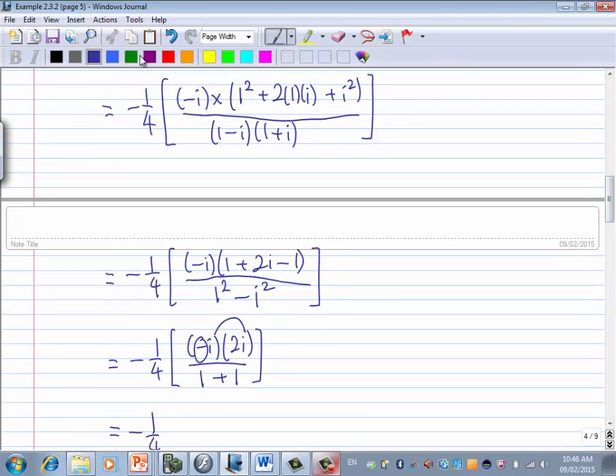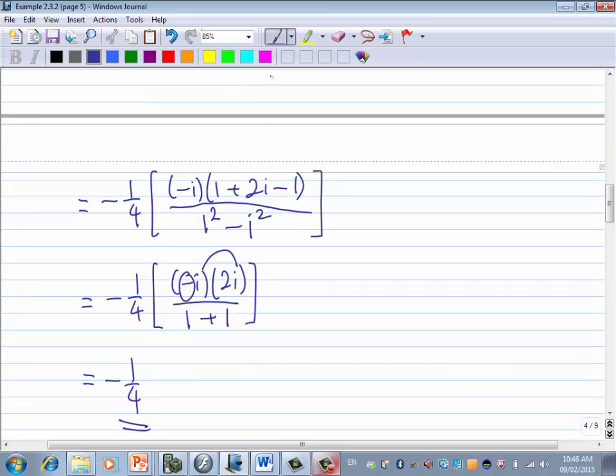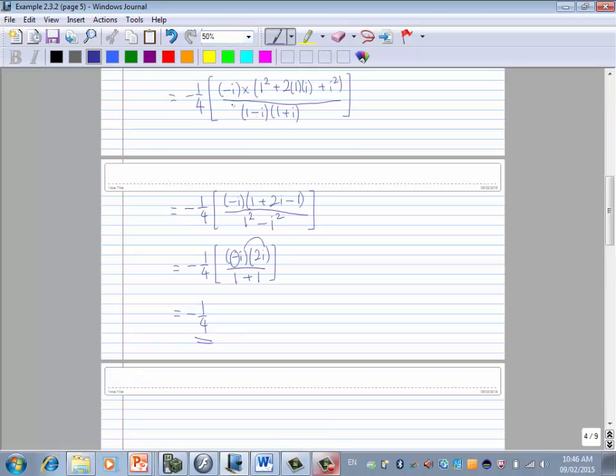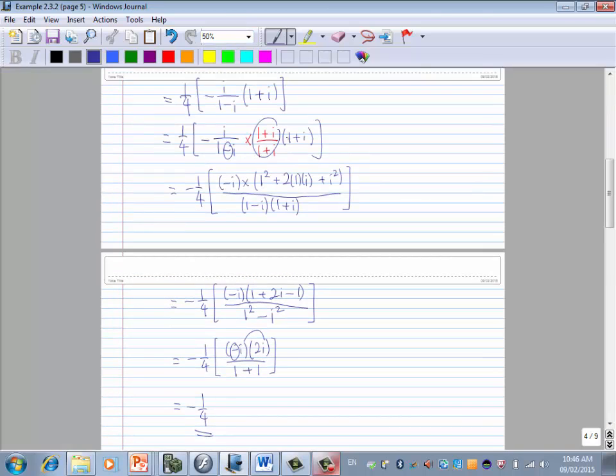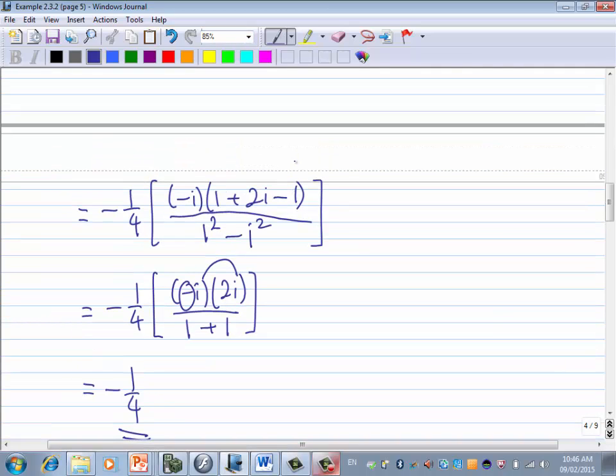Let's see if I can zoom out. Any questions?